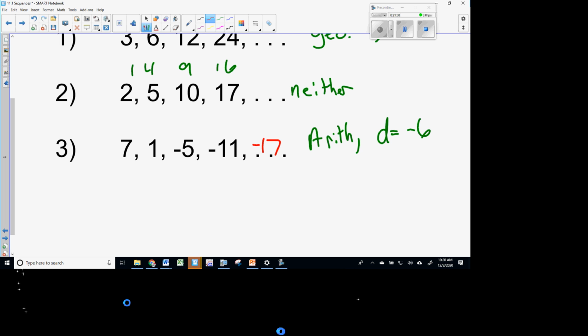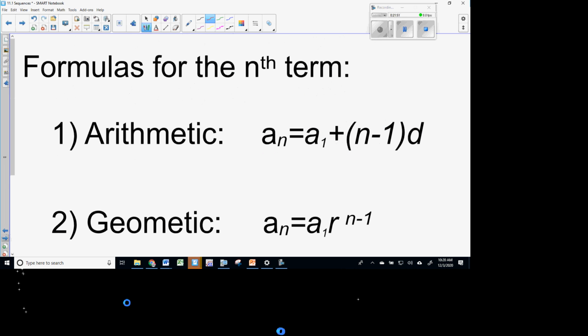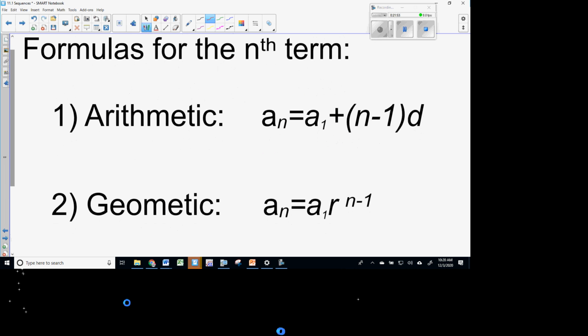You're going to have to go through and subtract 6, subtract 6, subtract 6, and keep track of all that. Or you've got a formula, and that's what we're going to look at next. This might be geometry, or even algebra 2, maybe even algebra 1.